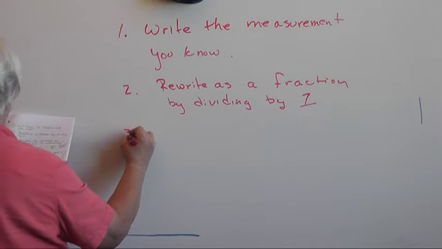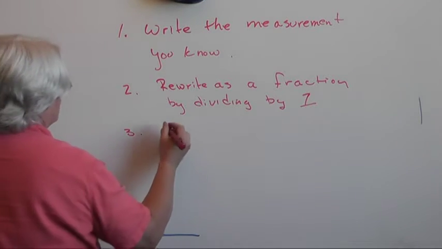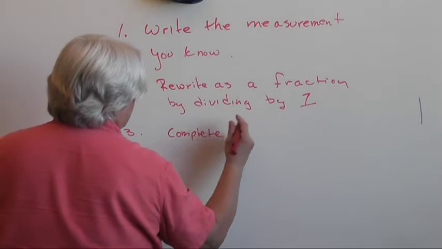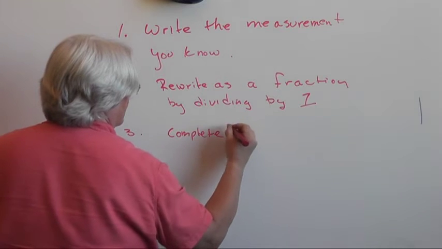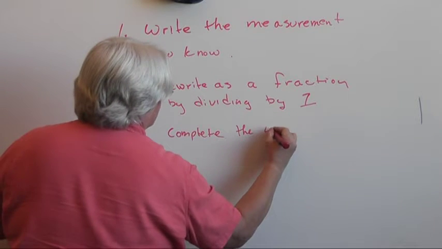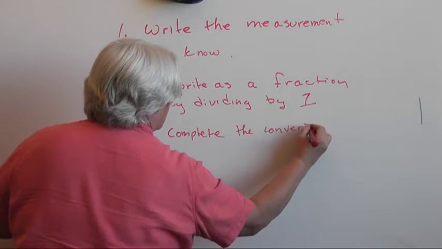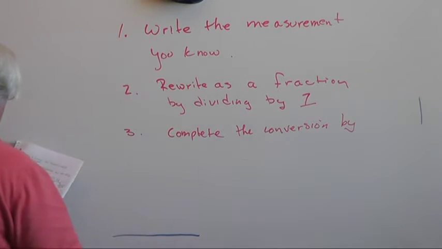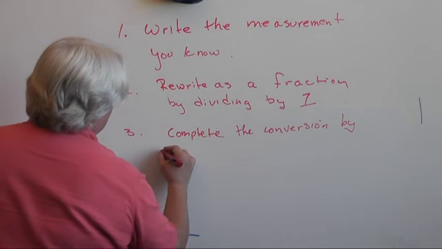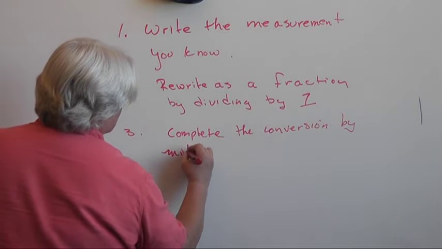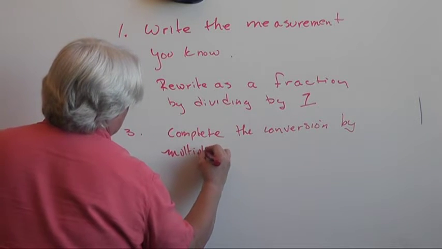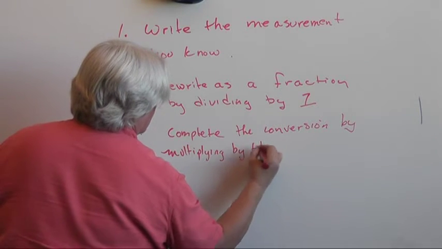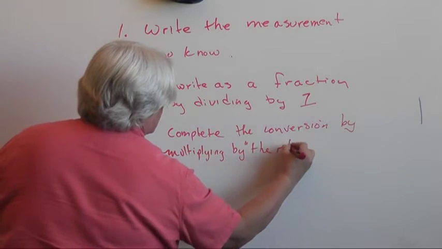The third thing that you're going to do is complete the conversion, because we're converting from one unit to another unit. Complete the conversion by multiplying by the, and I'm going to say, in quotes, the relationship.